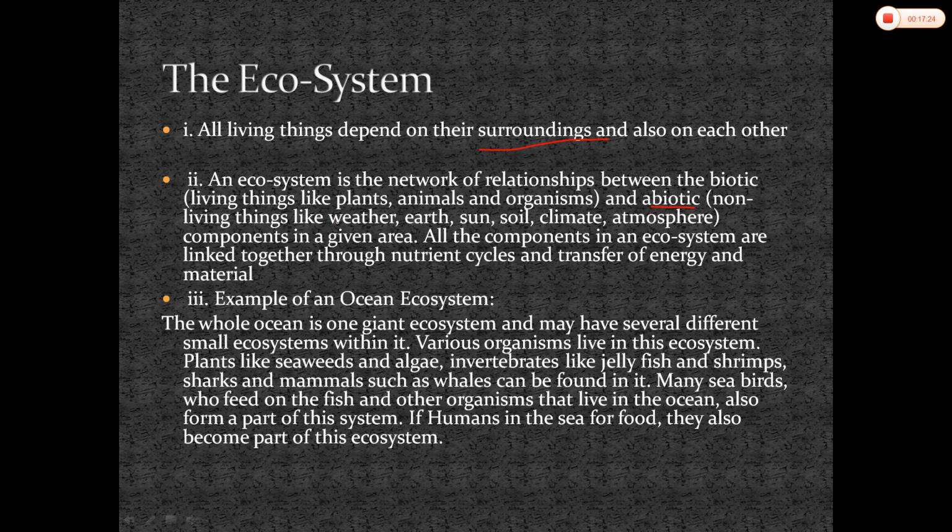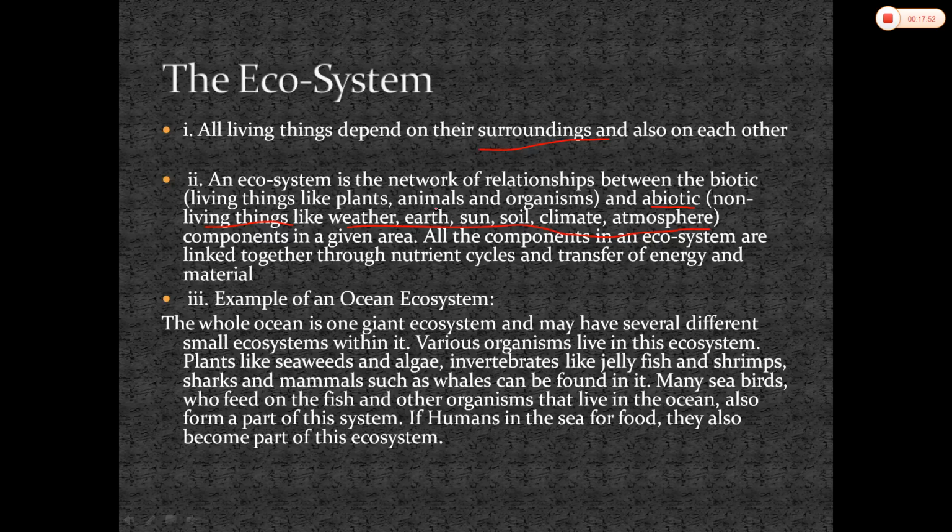Abiotic means what? Non-living things like weather, earth, sun, climate, atmosphere. All these components, like weather, earth, sun, soil, climate, and atmosphere, in an ecosystem are linked together through nutrient cycles and transfer of energy and material.